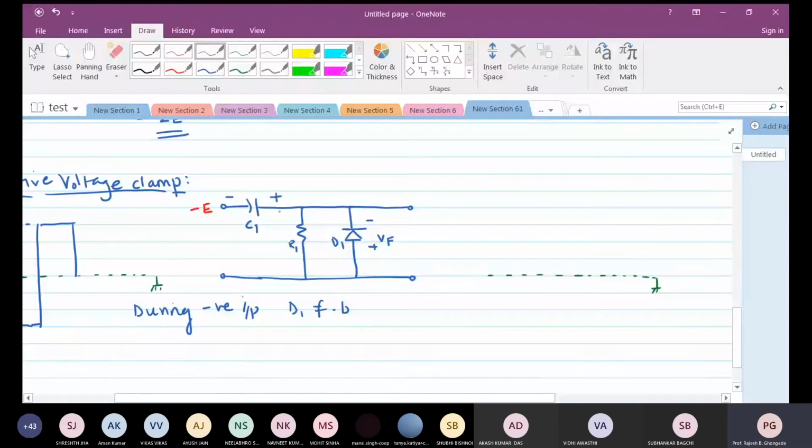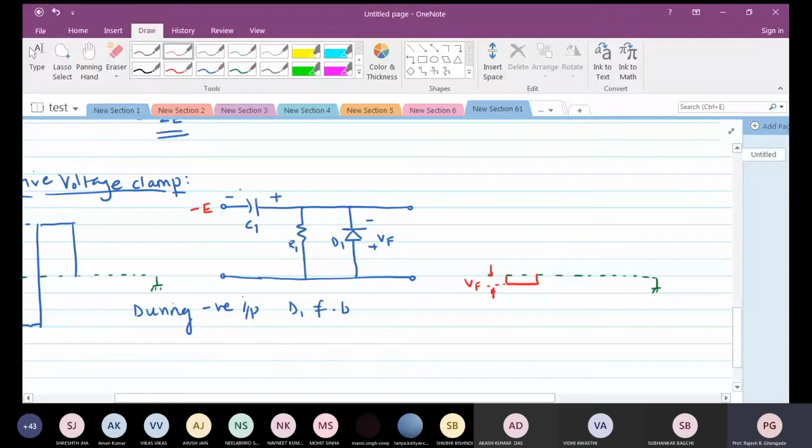And how much will it be charged to? Since the diode is forward biased, it's very easy for us to say the output is going to be VF. Okay? Right.